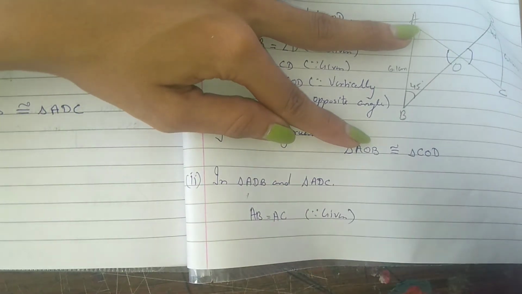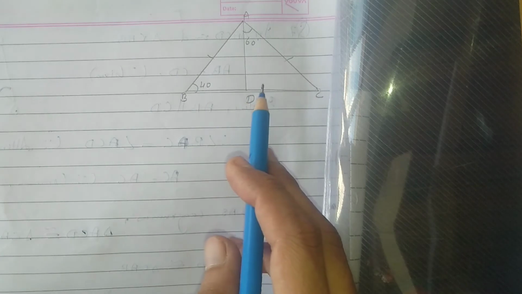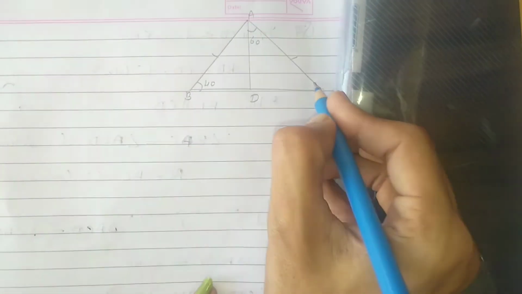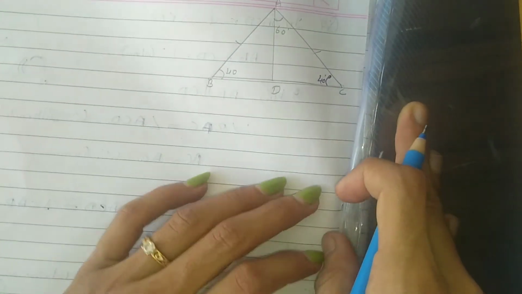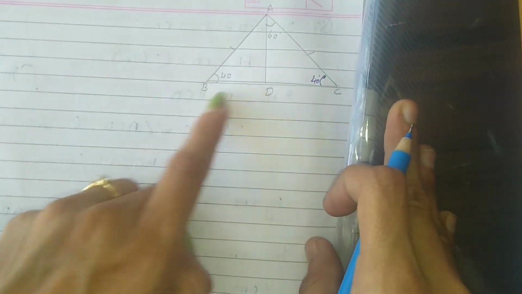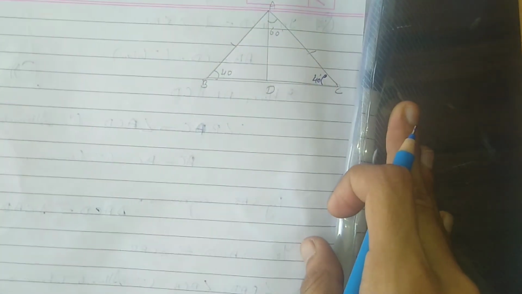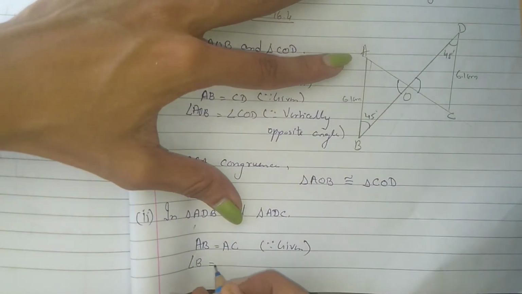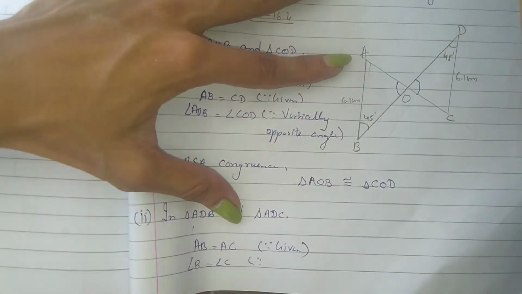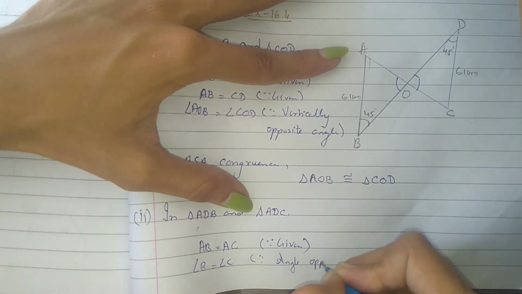Okay, now if two sides are equal, then we can say their opposite angles are also equal. So this is also 40. Why? Because in an isosceles triangle if two sides are equal then their opposite angles are also equal. So angle B is equal to angle C. So let us write angle B is equal to angle C, opposite angles.